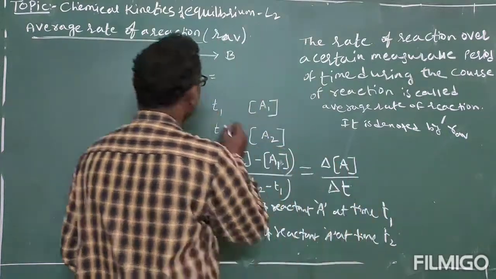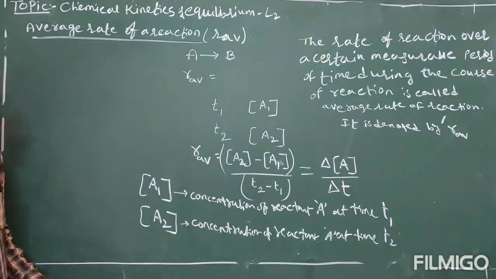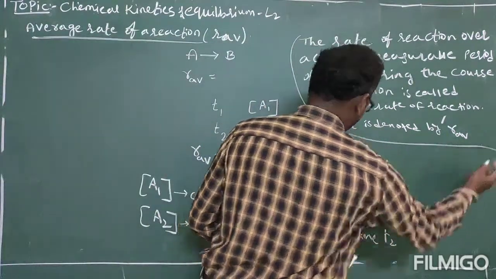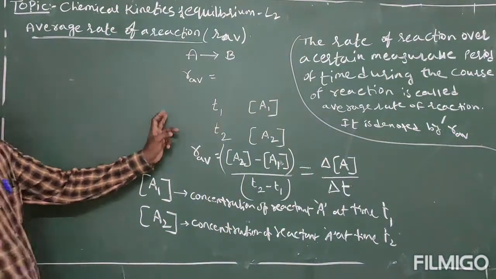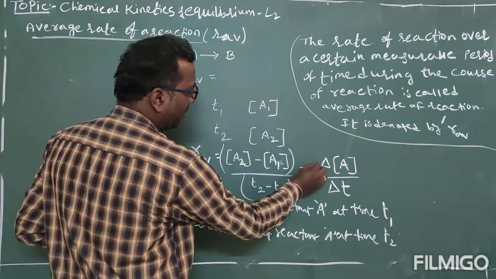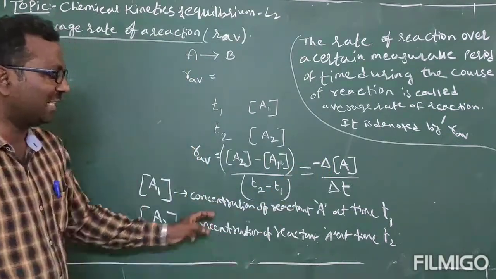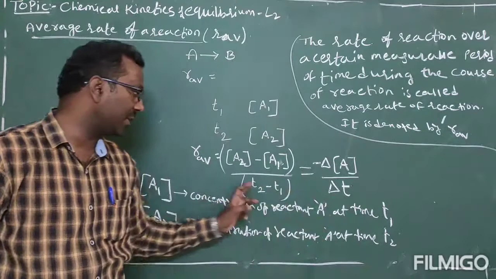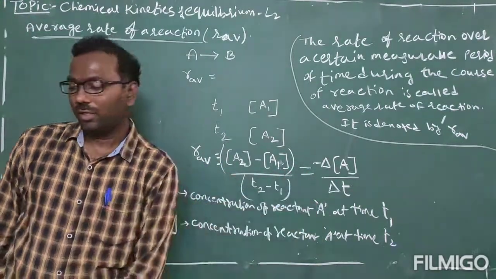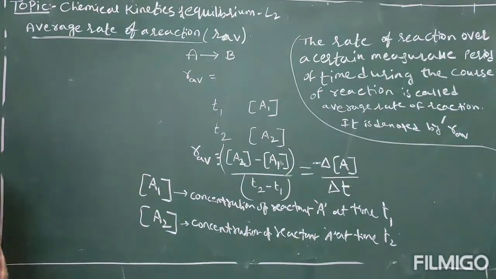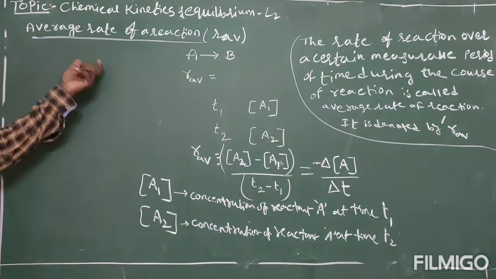Okay, so for the reaction A gives B, we are writing for the reactant, so minus, as there will be a decrease in the concentration. So this is the rate of reaction, the average rate of reaction.